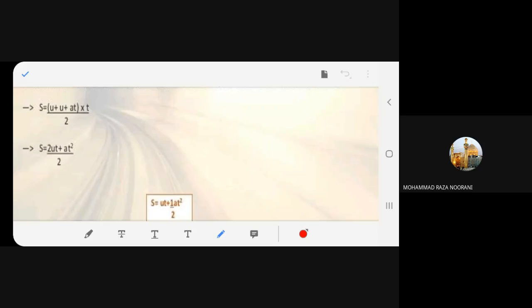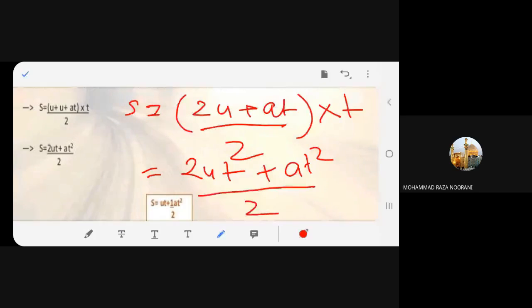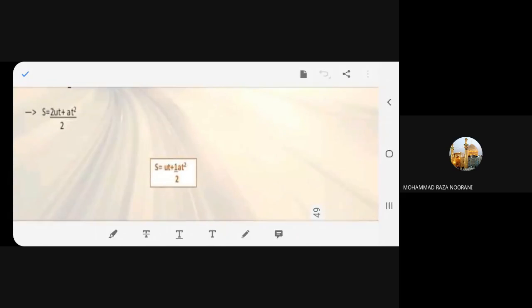Let's solve it. S is equal to, in bracket, 2u plus at upon 2 into t. Now we will open the bracket. So what will it become? 2ut plus at square, divided by 2. Agree? Agreed? Yes. Why aren't you active?